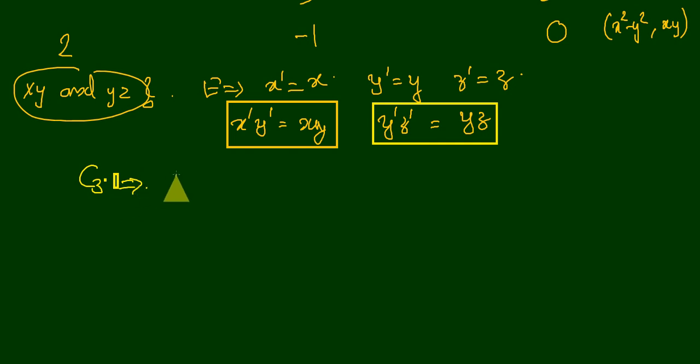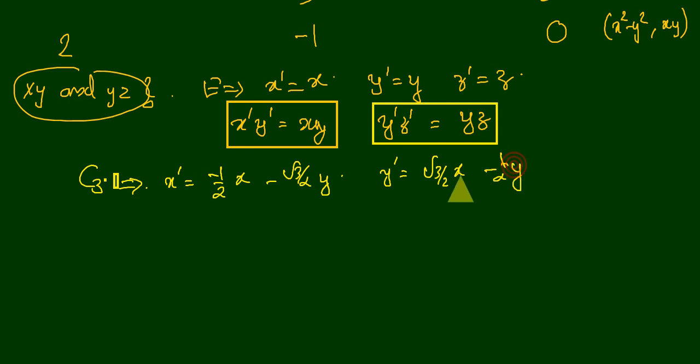So x dash is equal to minus half x minus root 3 by 2y, and y dash is equal to root 3 by 2x minus half y. These are our equations 1 and 2 that I am writing here, and z dash is equal to z.